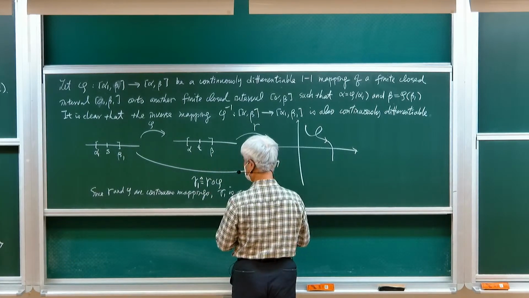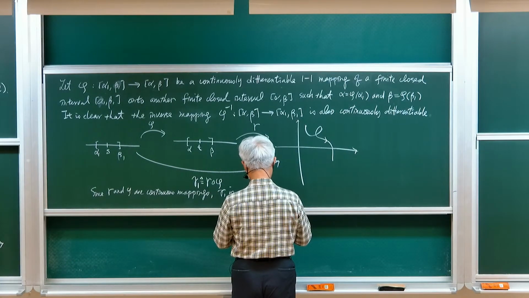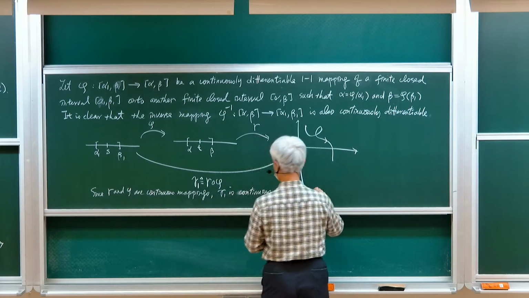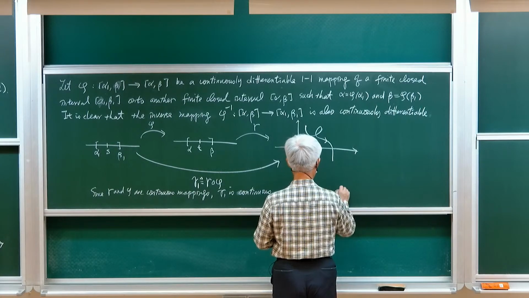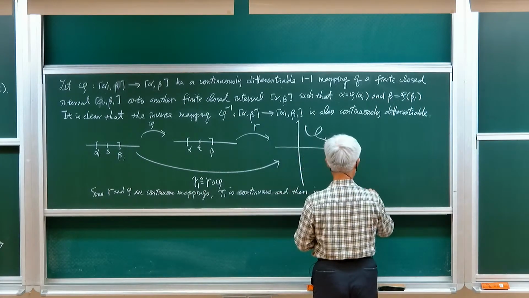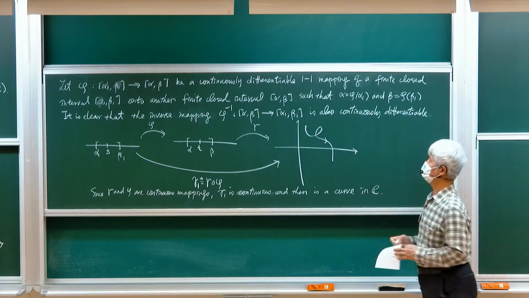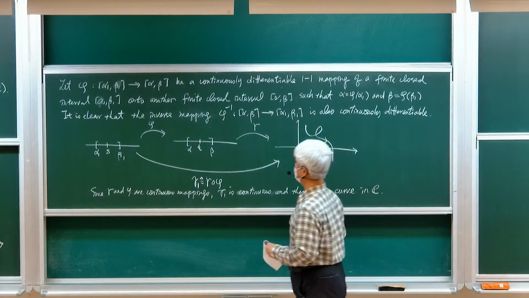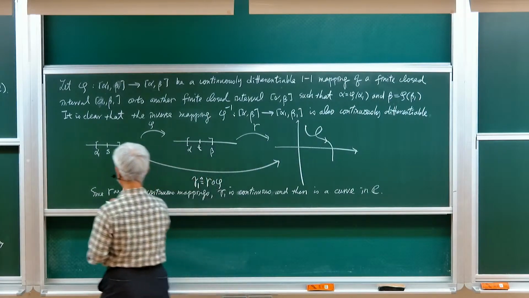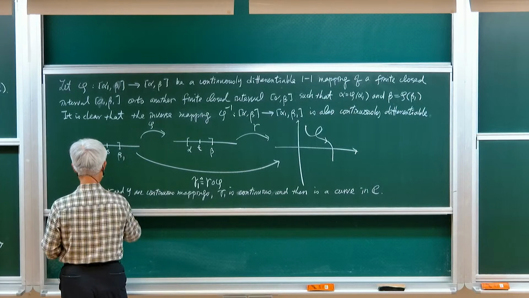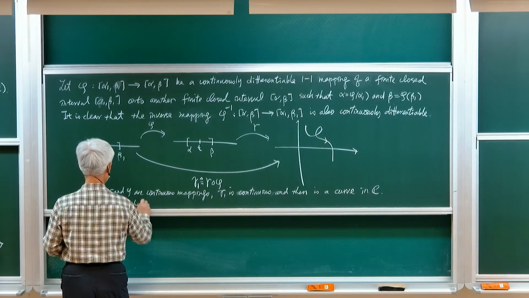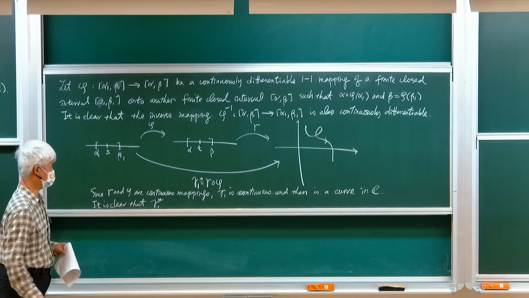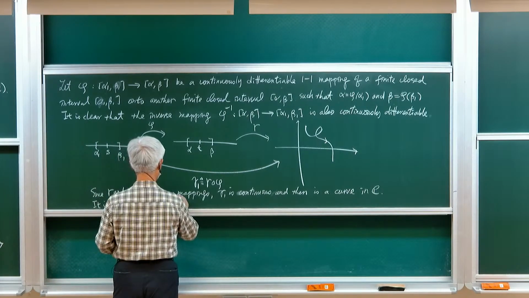Okay, and then it's a curve in C. All right, and it's clear that the image of gamma 1 is equal to the image of gamma.